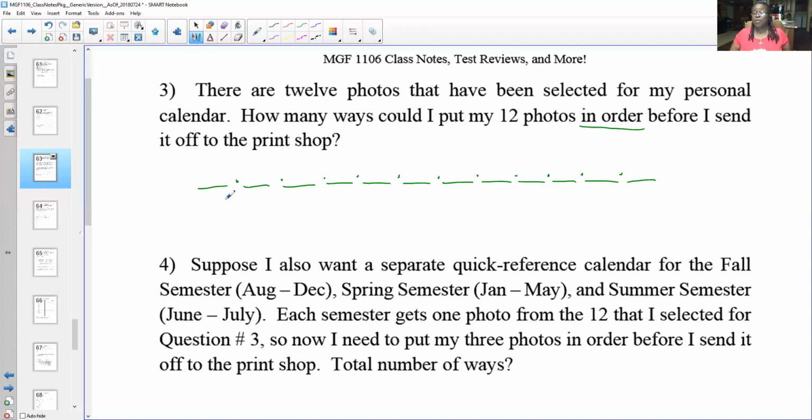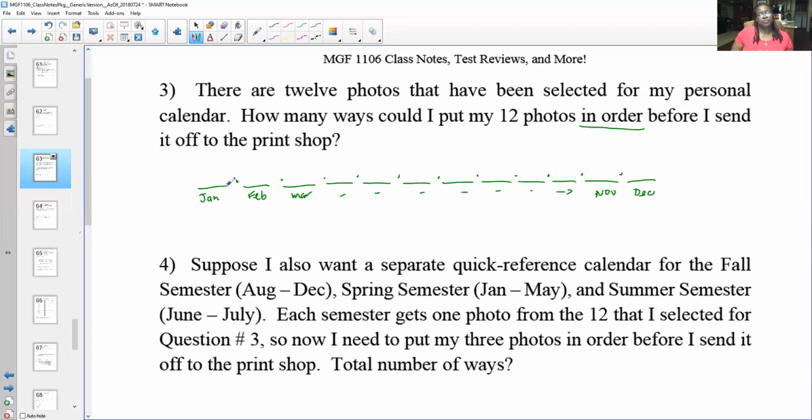We know that each line represents a month. So starting off with our first month, we know it's January. This is February, March. And I won't write all of them, but we know it goes all the way to, let's say this is November and December. Okay. So all the way.